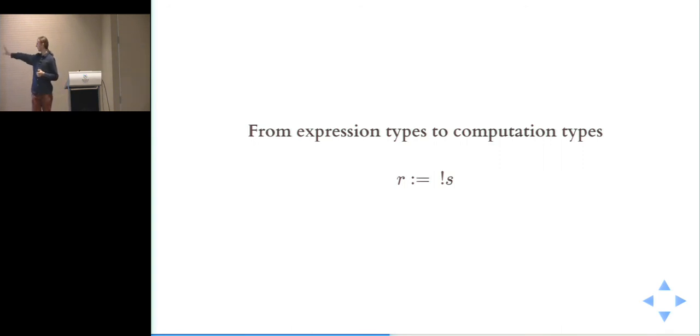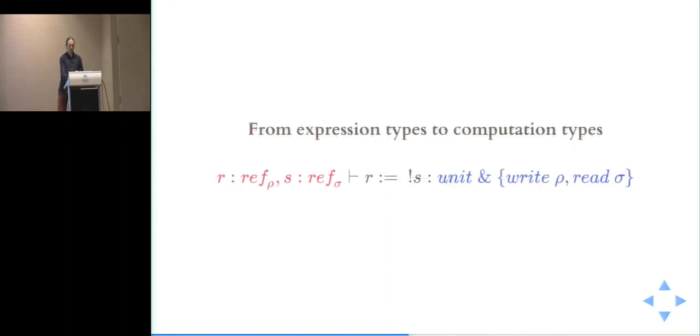So here, it's like an ML-style assignment where I'm reading the value of S and modifying the value of R. And the type you can give to this in languages with effect systems is, well, assuming R and S are some memory cells or references in regions rho and sigma, the type of this is that it produces nothing. It's just a unit. It doesn't give me any value. But it writes into the memory region rho and reads from a memory region sigma. So this is another kind of type system that people are building.